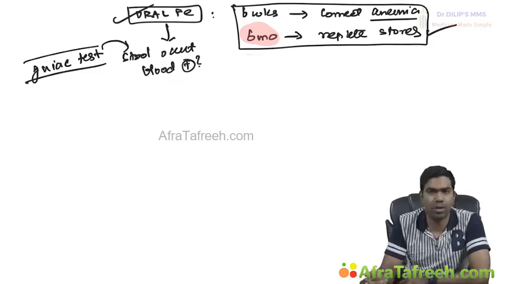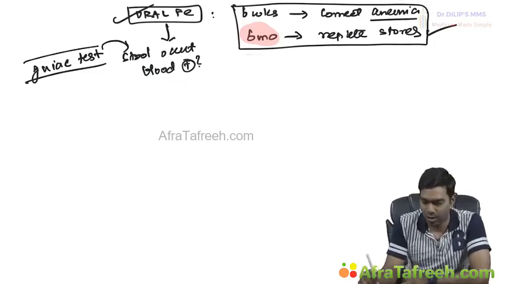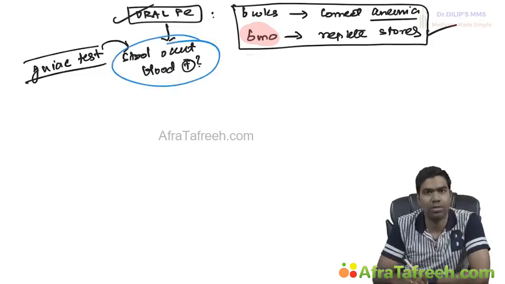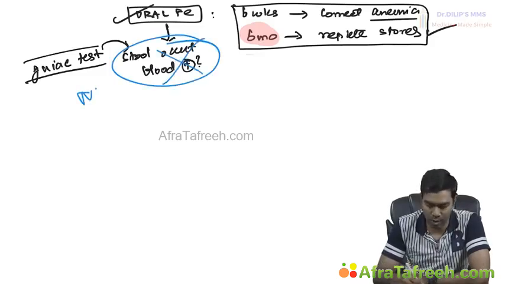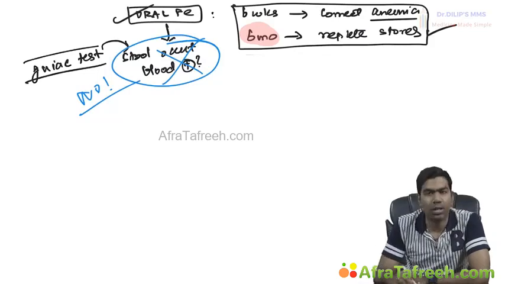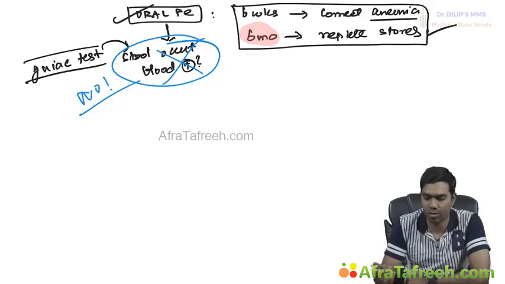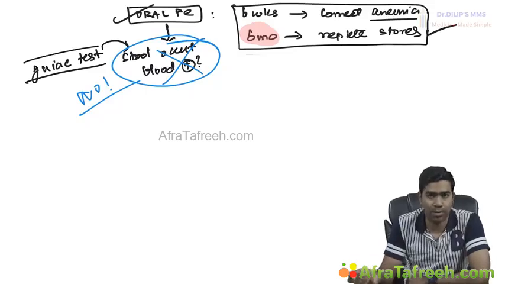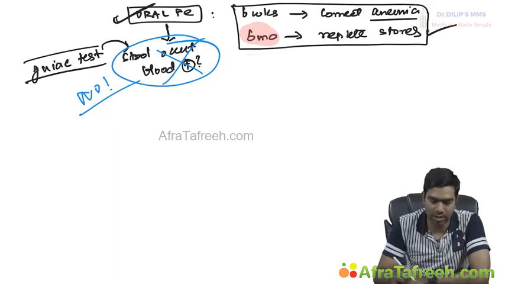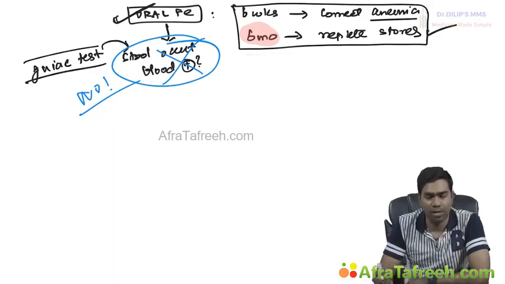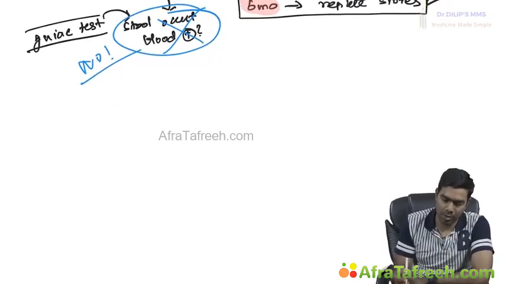If it's positive, it tells you there is blood in the stool. So is oral iron going to cause a positive stool guaiac? The answer is no. A lot of modern textbooks say no. The current stool occult blood testing that we use is not going to cause any problem. Taking oral iron will not cause any stool occult blood positivity, to be honest.